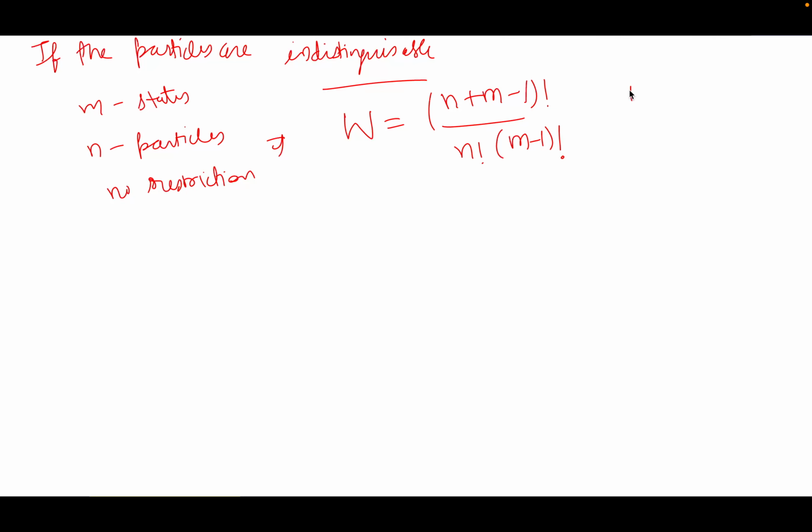This is nothing but the Bose-Einstein statistics. We know that in Bose-Einstein statistics, any number of particles can occupy any state. So for such a distribution, the number of microstates is given by this formula.